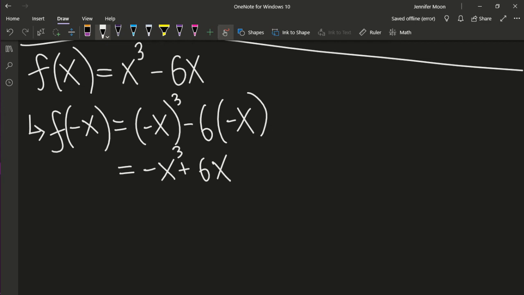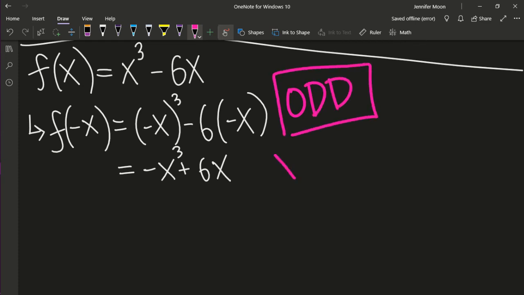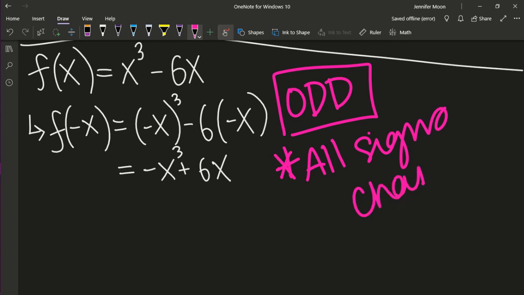So this means that I got the same function, but all of my signs changed. Therefore, this would be an odd function, and that's because all signs changed.